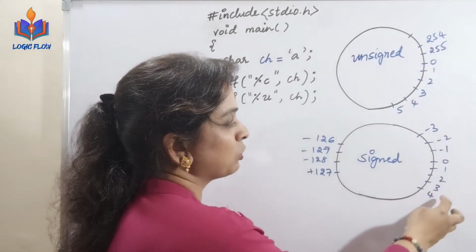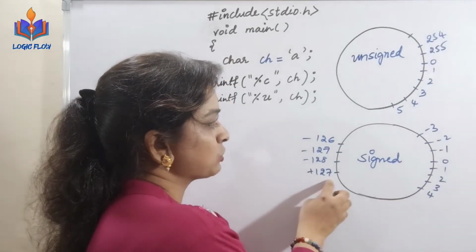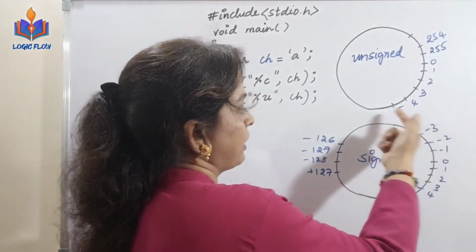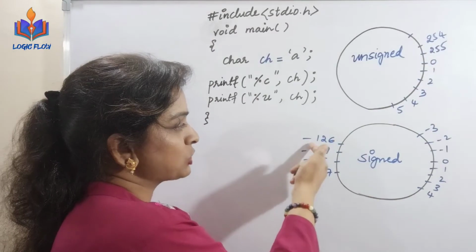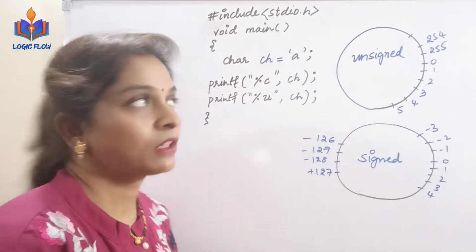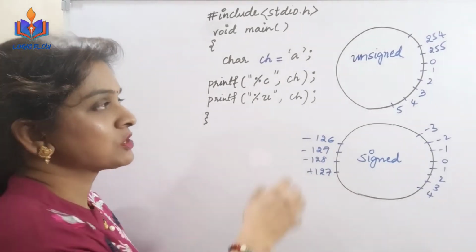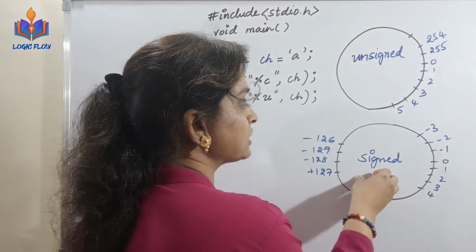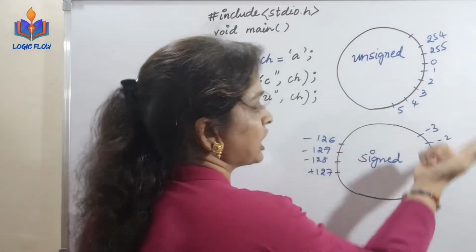So 0, 1, 2, 3, 4, up to plus 127. Towards negative, it is minus 1, minus 2, minus 3, minus 4, it goes on up to minus 126, minus 127, minus 128. So this is the range. Unsigned supports only positive numbers, and signed supports both positive as well as negative.